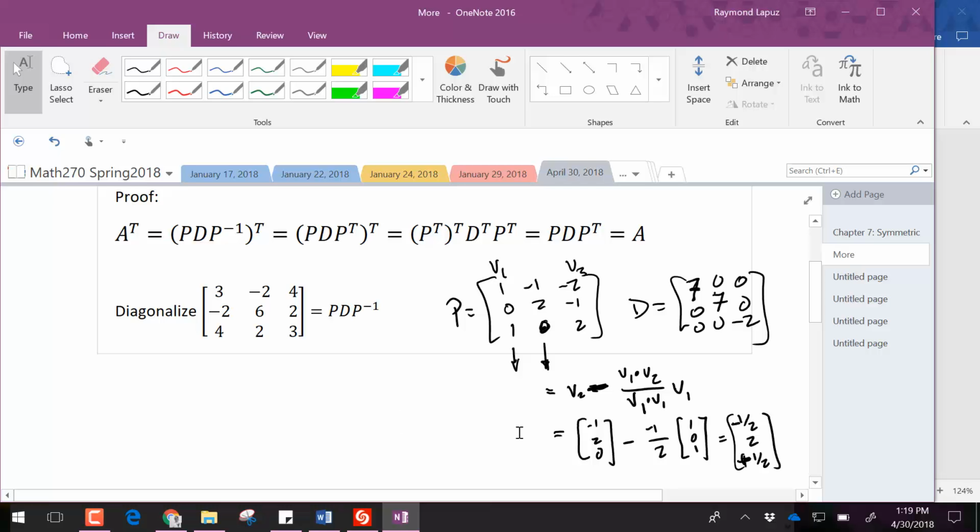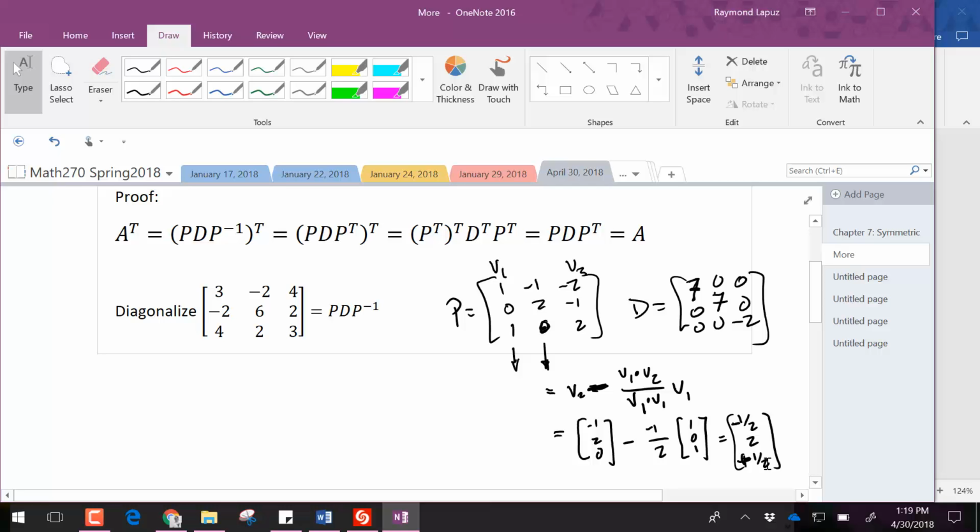All right, so just to double check though, let's take the dot product of this newly found V2 with V3 to make sure that they're perpendicular. So negative 1/2 times negative 2, that's positive 1. Negative 1 times 2 is negative 2, and positive 2 times 1/2.